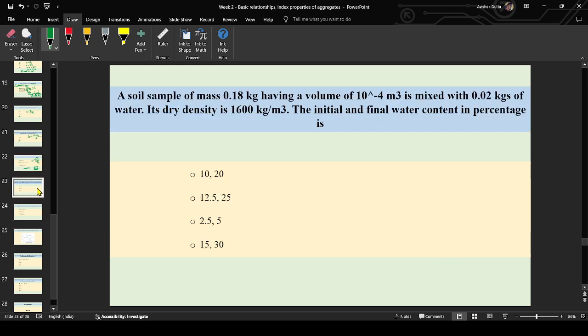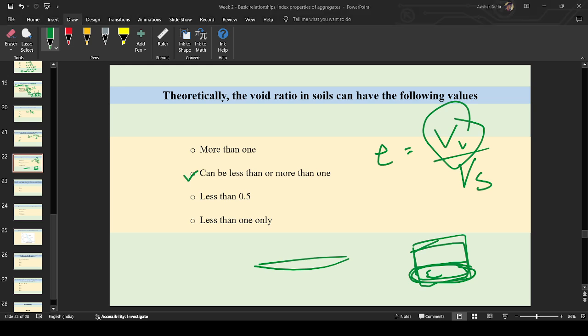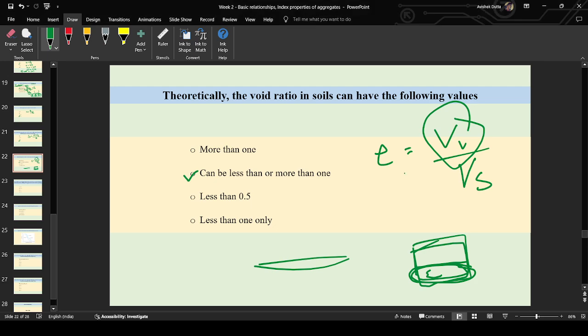Is there any doubt regarding the last question? Anyone? No, sir, but I want to clarify if possible. Yes, please. Do you have any soil which has a void ratio practically more than 7 or 10?